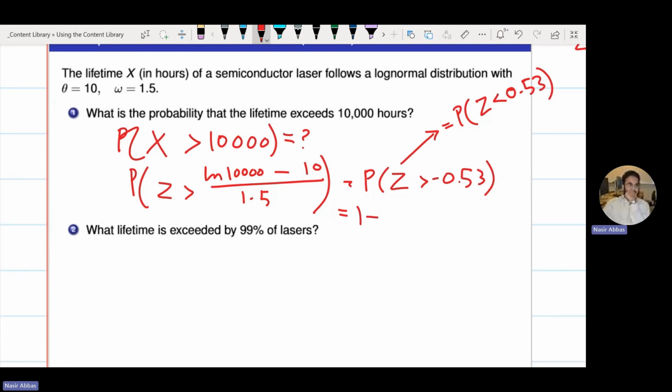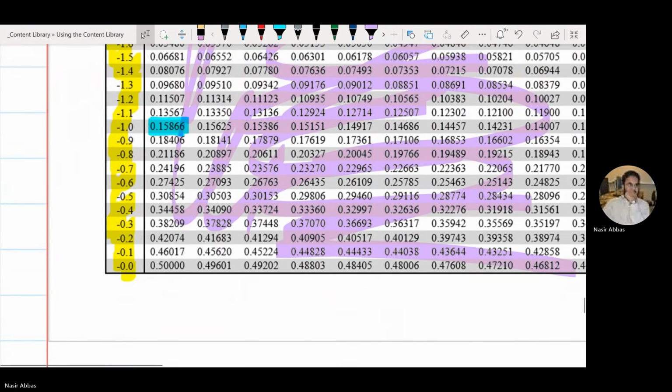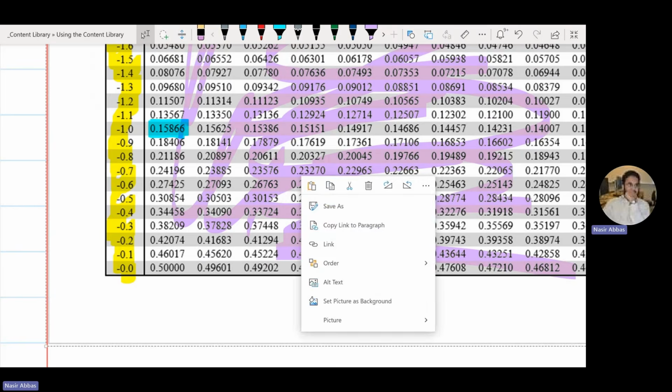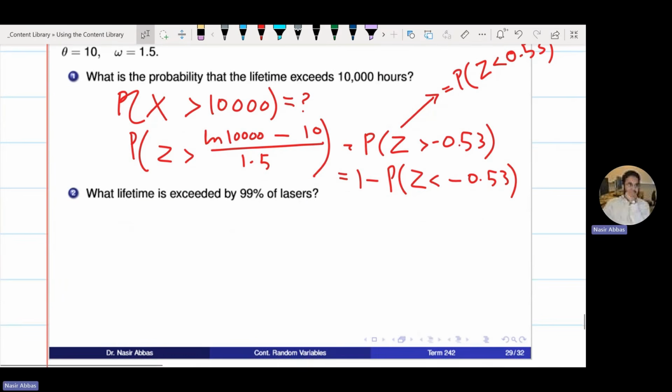So this will be 1 minus probability of Z less than minus 0.53. You go to the table and look for minus 0.53: minus 0.50, 51, 52, 53, 0.29806. So this is 1 minus 0.29806, and you will get the answer.